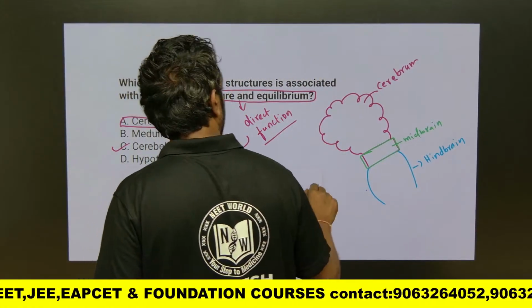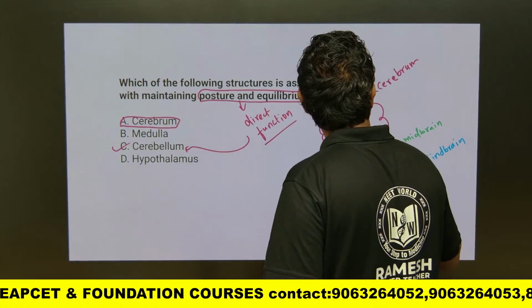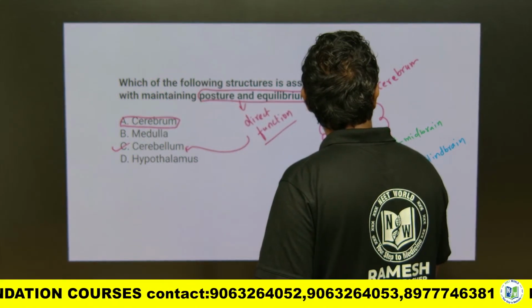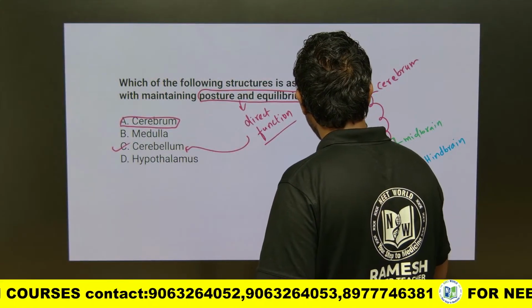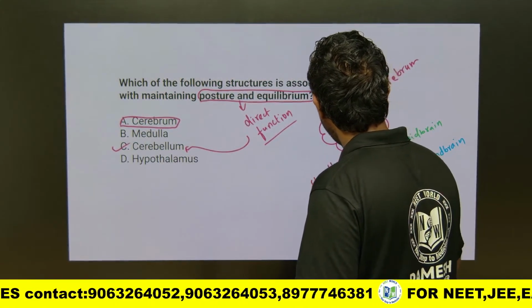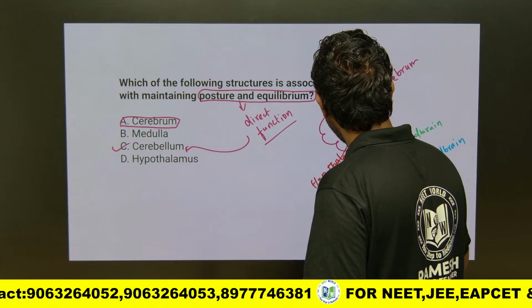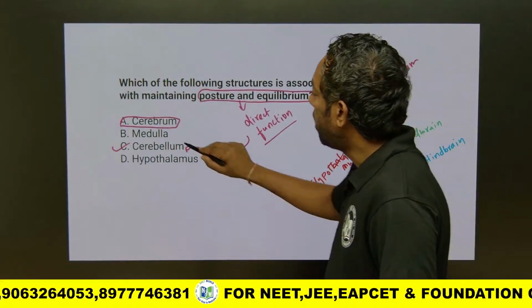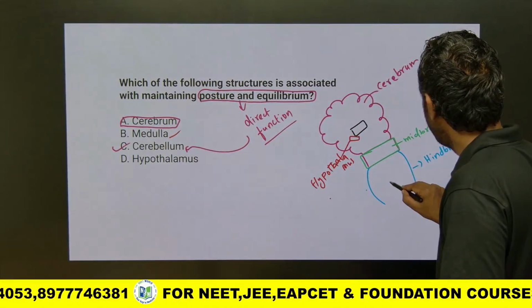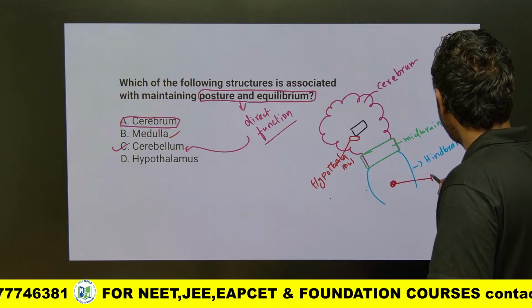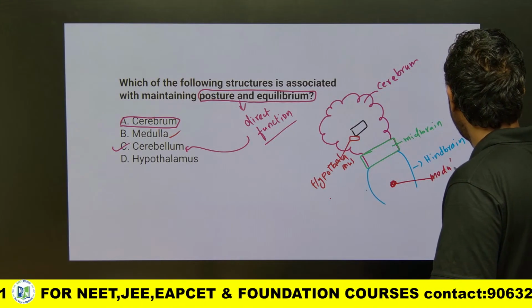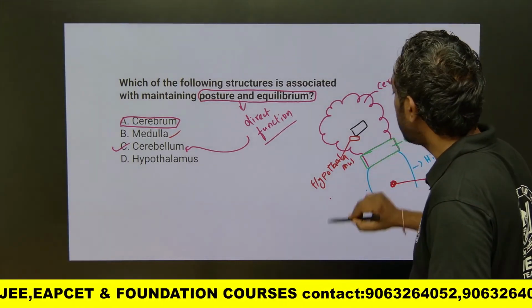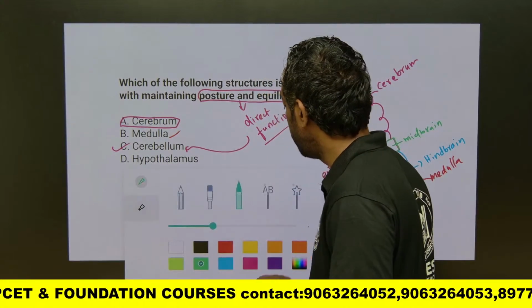Hypothalamus is located here, and medulla is located in the hindbrain. Hypothalamus is a part of the diencephalon in the forebrain.